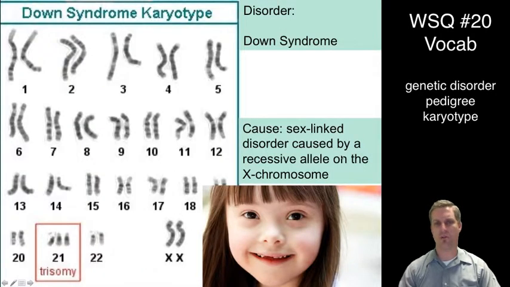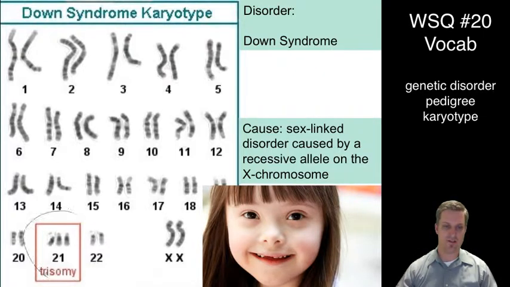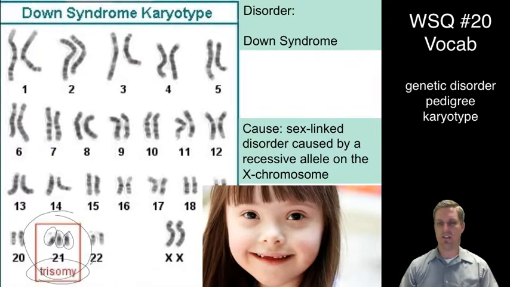A fourth disorder that you're probably familiar with is known as Down syndrome. Down syndrome is a disorder that actually affects the 21st chromosome. We can see it right down here in this karyotype. And you'll notice that there's 1, 2, 3. It's a trisomy or a ploidy mutation. So what happened, it's caused by a recessive allele on the X chromosome.